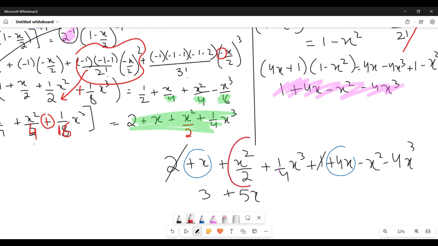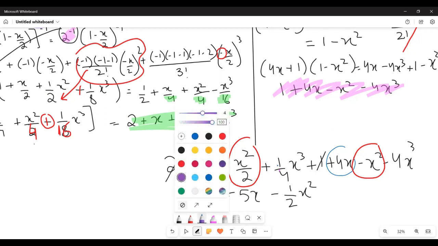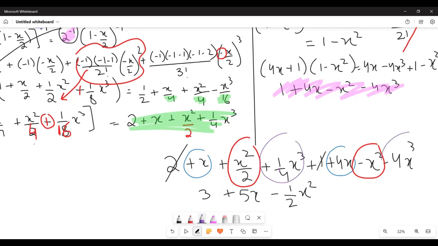Then x square upon 2 and minus x square get added. So half minus 1 is minus half x square. And then 1 by 4x cubed minus 4x cubed, minus 15 by 4x cubed. This is the correct answer.